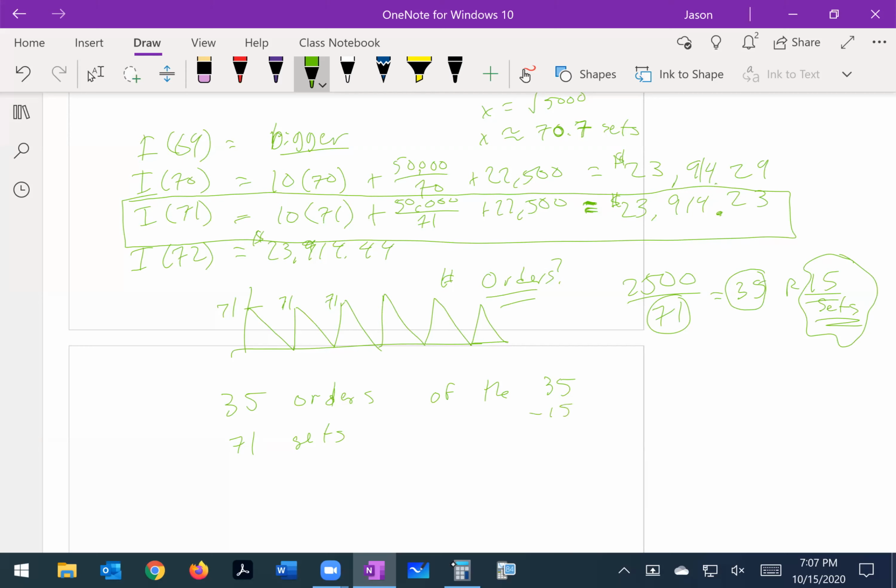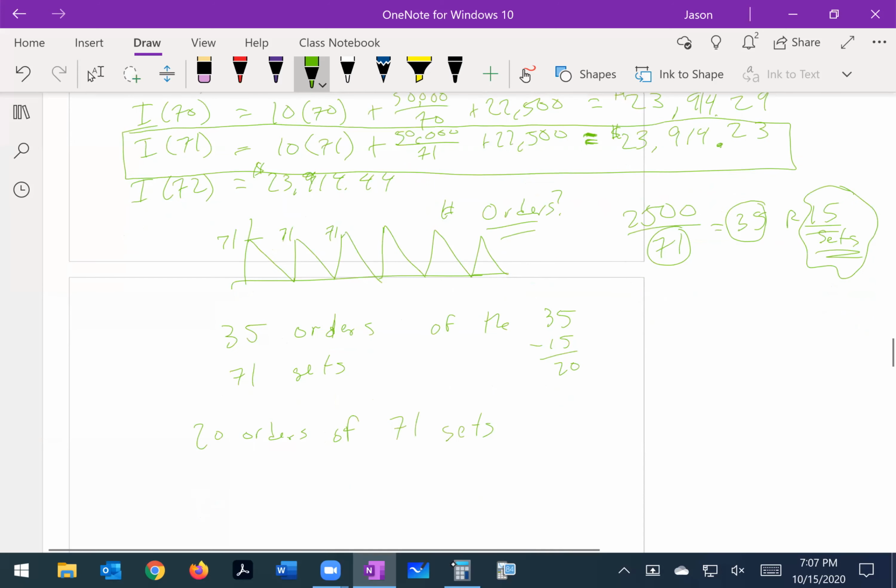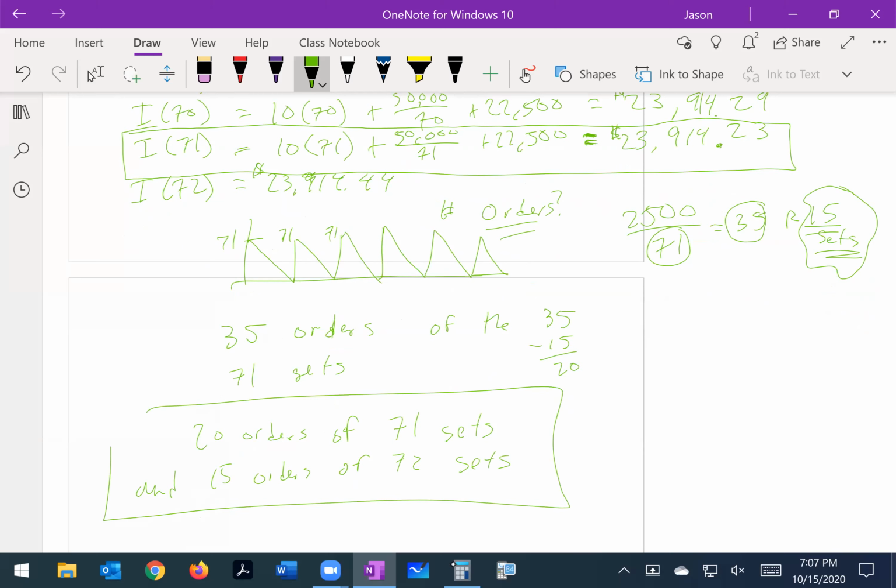So 35 minus 15 is 20. I need 20 orders of 71 sets and 15 orders of 72 sets. And that is the optimal way of ordering these sets.